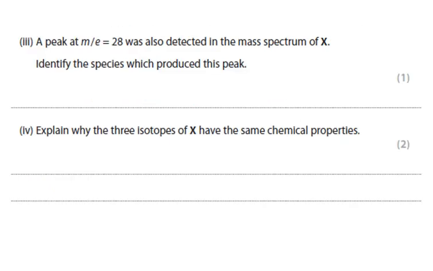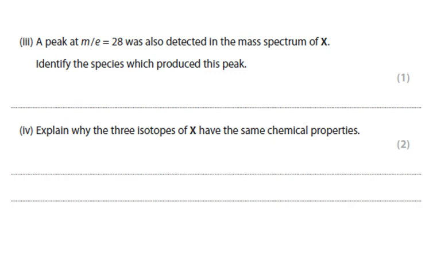So this question is related to the previous one. He's saying he got, in the spectrum for X, he got a peak at m/e 28. Now, if we know that X is iron, how can he get a peak at 28? Remember that the peak is the mass over the charge.